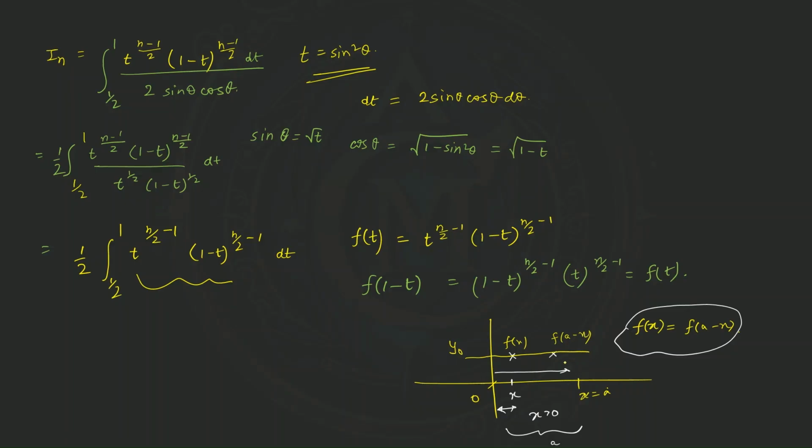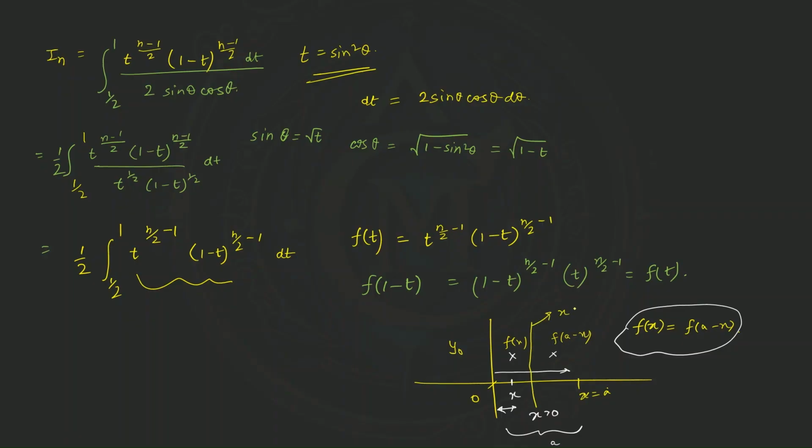So that means if we check for other points on this curve, we will obtain some graph like this, right? Or maybe we can get some curve like this, or maybe a straight line. So it all depends on this function, but the main thing that will remain constant is that this function will be symmetric about this middle line, right?